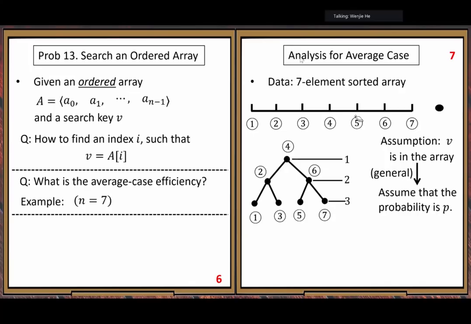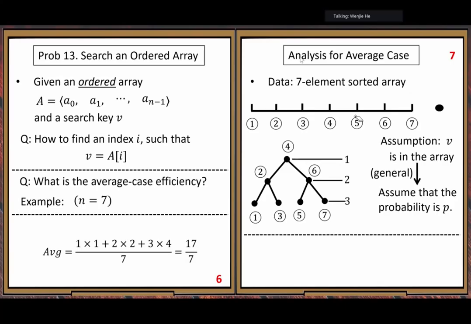Let us combine all these 7 cases in the average case way. The denominator is the total number of cases, 7. Now look at the numerator: 1 times 1. Why 1 times 1? The first 1 means the number of comparisons for the first level, the number of comparisons.